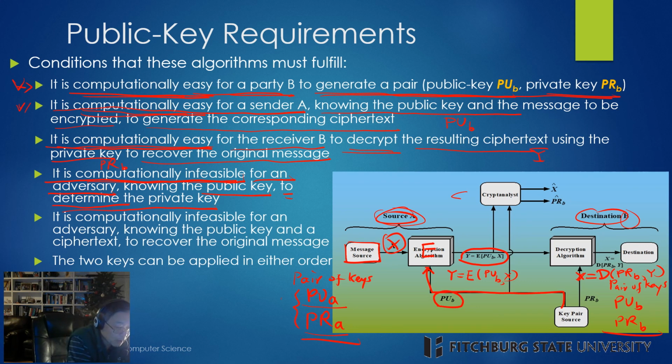Even though we create the public key and private key pair and they are related, the public key is always open to everyone, so it should be computationally infeasible for anyone to determine the private key by knowing only the public key. That should not be computationally feasible.